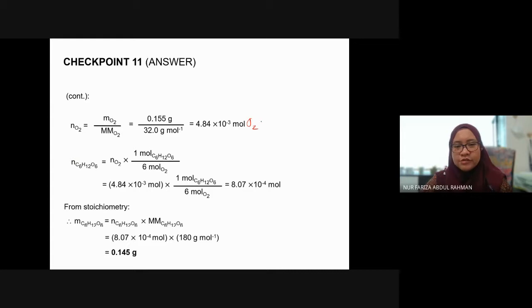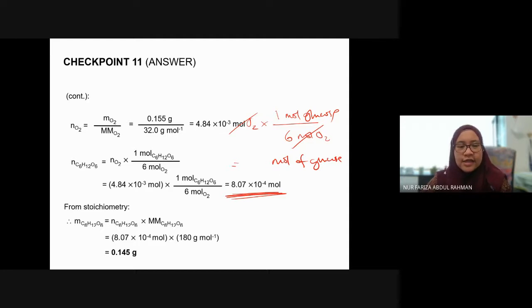I use this value from the balanced equation: 6 mole of oxygen will react with 1 mole of glucose. Mole of oxygen cancels out, so you will get mole of glucose. I just extend it using dimensional analysis.